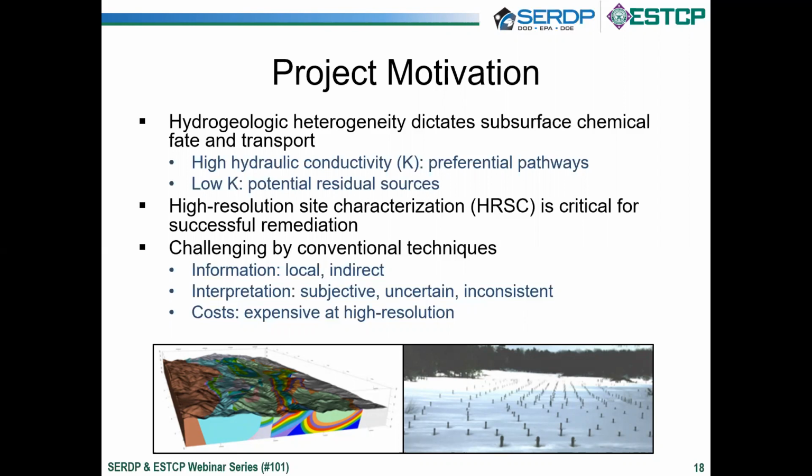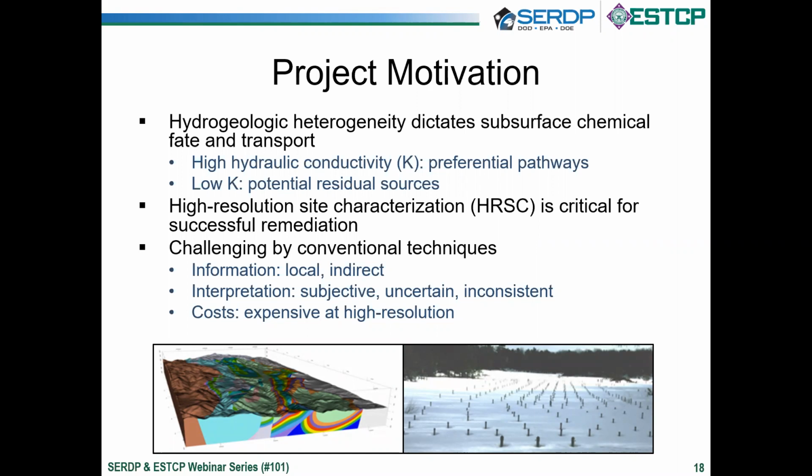To characterize the subsurface using conventional methods, for example, using boring logs, it gives you local information, and most of the time it gives you indirect information instead of hydraulic conductivity directly. For example, lithologic information may tell you between a certain depth interval, the material could be sandy or clayey.